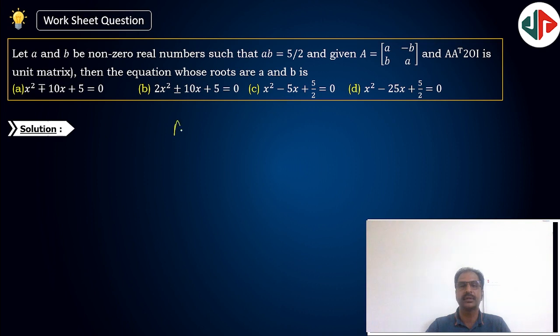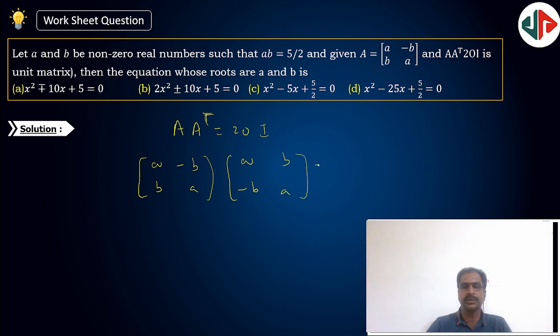Matrix A is given, that is A into A transpose is equal to 20I. Is equal to is missing. So what is A? A minus B B A. Transpose of this is 20I, 20 0 0 20.